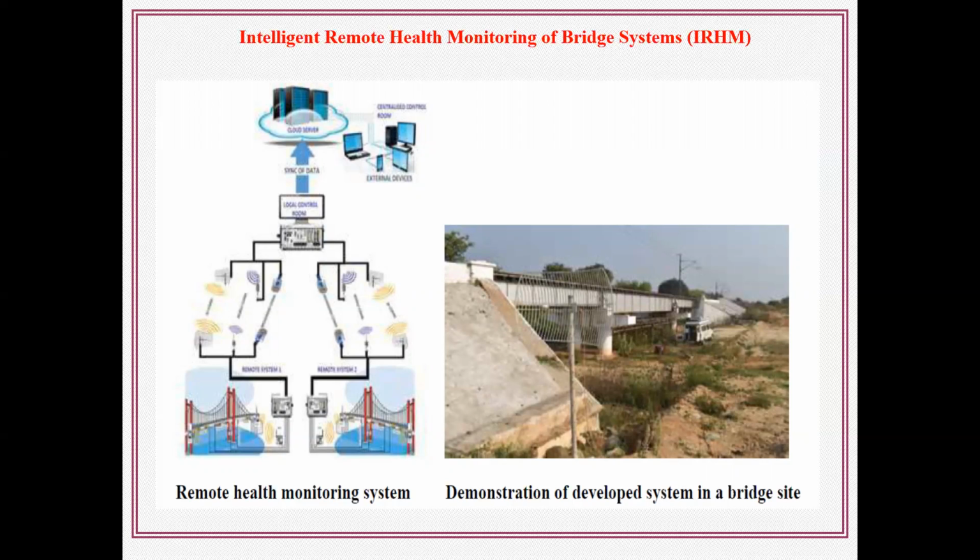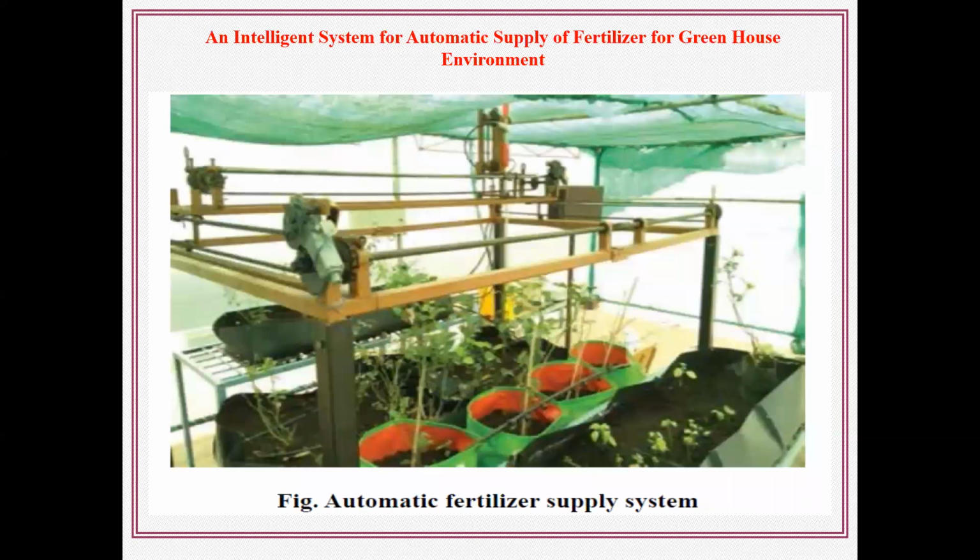That is also one successful innovative project. And one more, an intelligent system for automatic supply of fertilizer for greenhouse environment. These are simple concepts but powerful ideas.